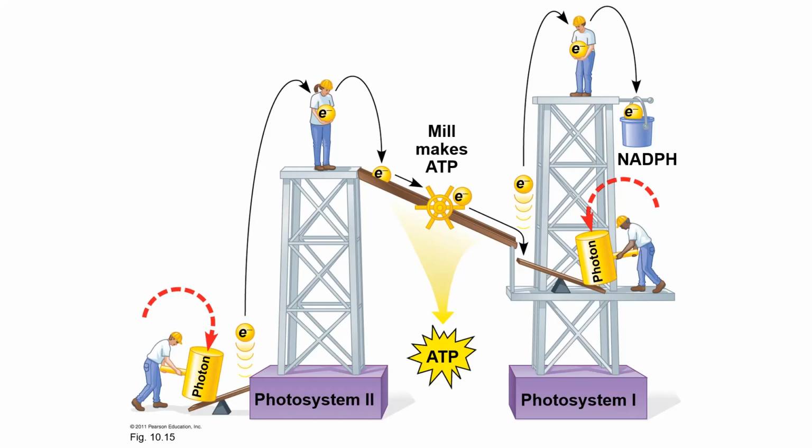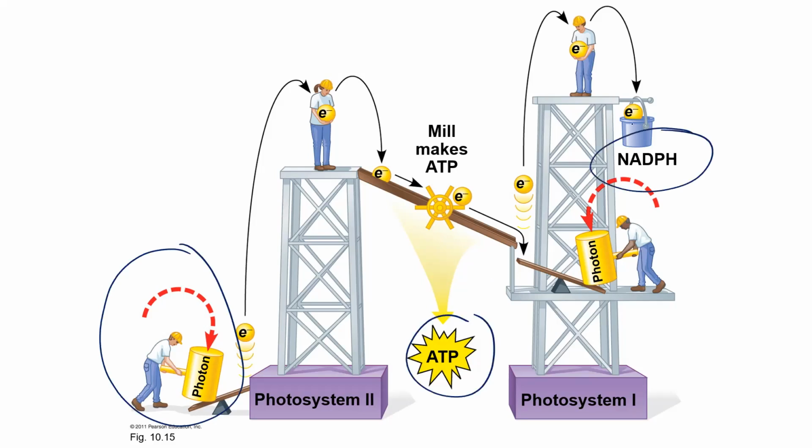The higher energy level is used, some sort of a windmill, to make ATP. That happens again, and the electrons get promoted and eventually end up in NADPH. So bottom line is we have light going in, and we have ATP and NADPH going out. The water and oxygen are great too, because we like oxygen, but for the plants at this point, the oxygen is not really that important at all. It's just a byproduct.